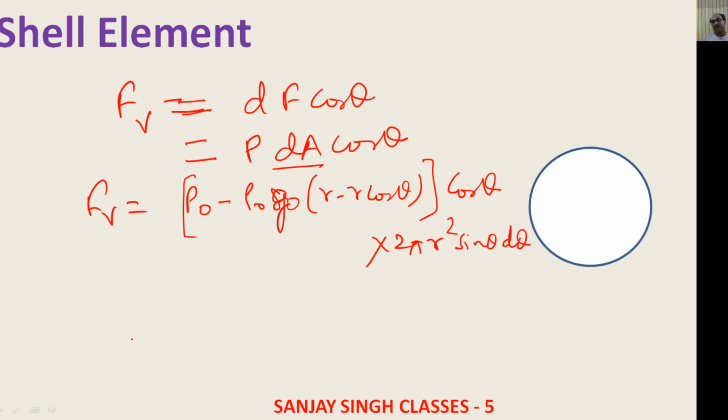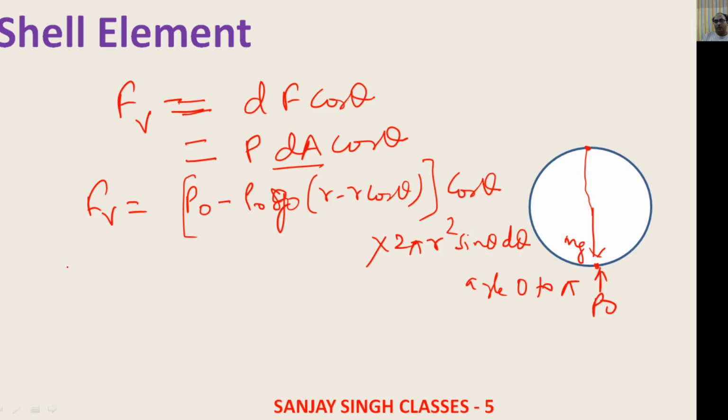So that part we are going to discuss now, and we need to integrate. As I told, P0 is acting, and mg is acting, diametrically opposite. So we need to integrate from angle 0 to pi.